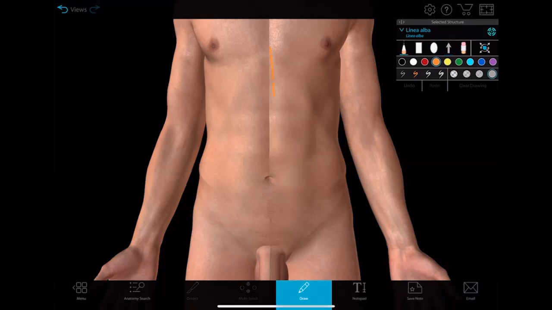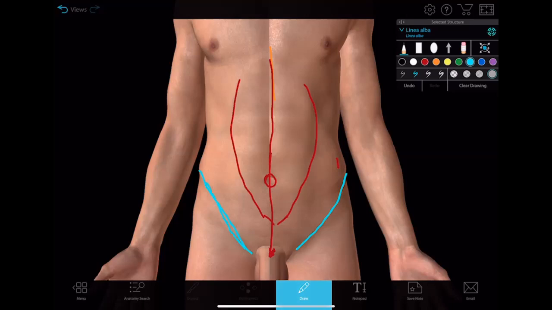You see this furrow, right? This is the umbilicus. This is the symphysis pubis. Linea alba, linea semilunaris, right? And also see, here is the groin, right? Groin.